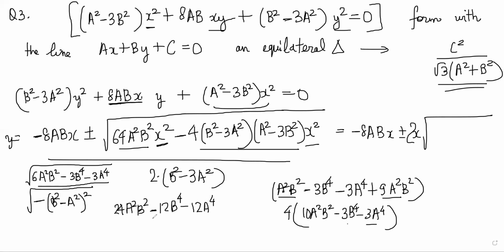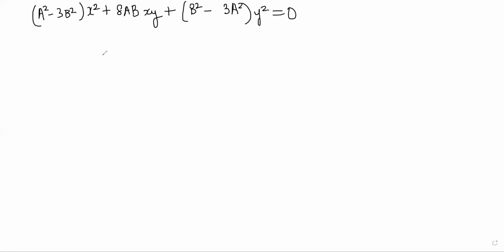Okay, I will try something else. a square minus 3b square x square plus 8ab xy plus b square minus 3a square y square is equal to 0. I want to factorize this.